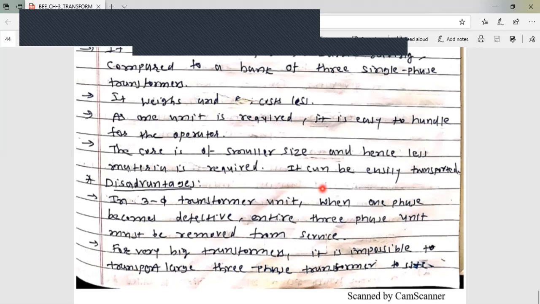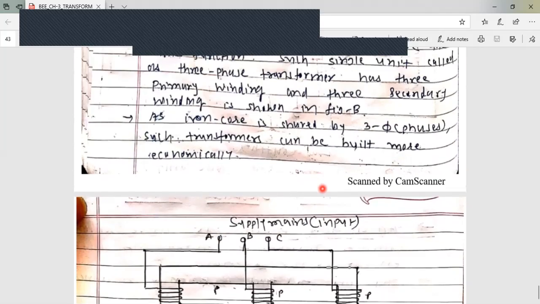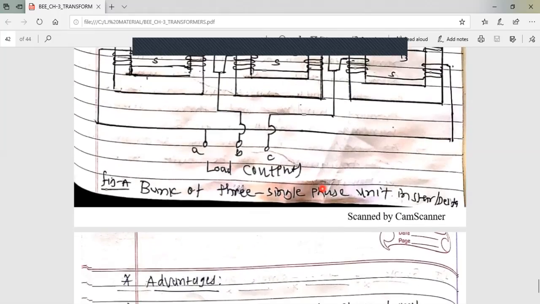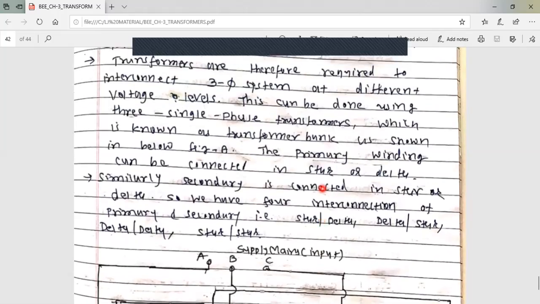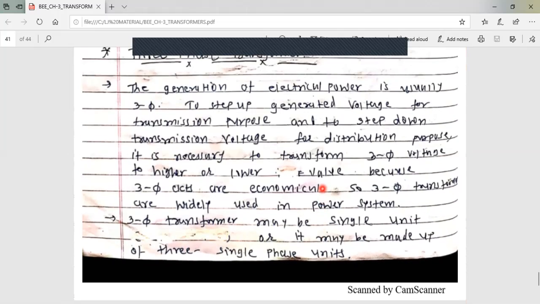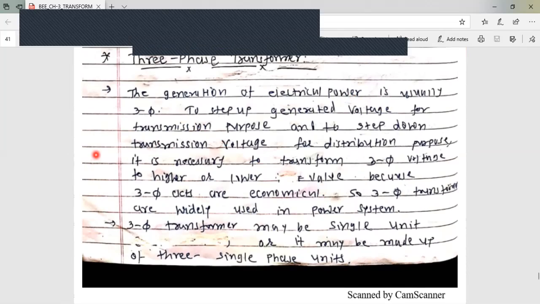Again, I will revise some important topics about this three-phase transformer. First of all, we have seen why three-phase transformers are required. Because in most power systems, the generation of electrical power is usually three-phase. For single phase supply, we can step down or generate that single phase supply from a three-phase transformer.